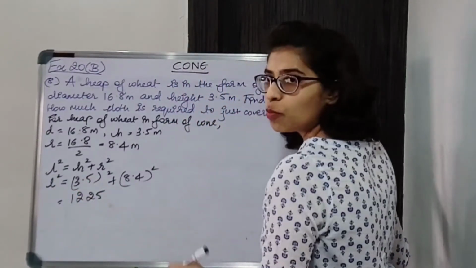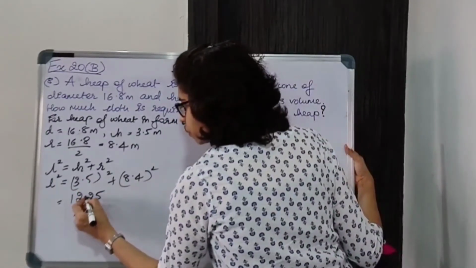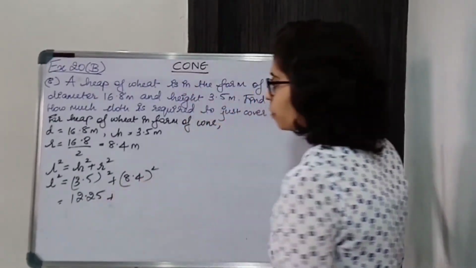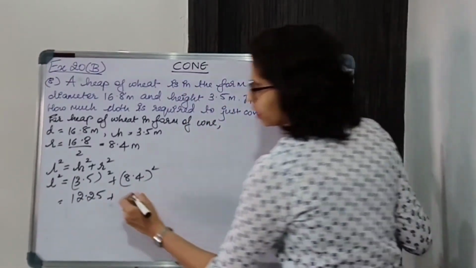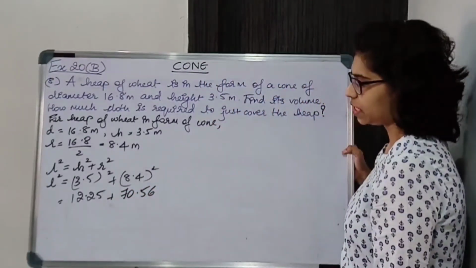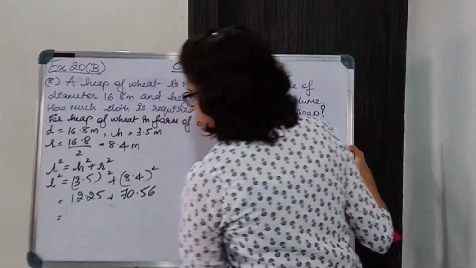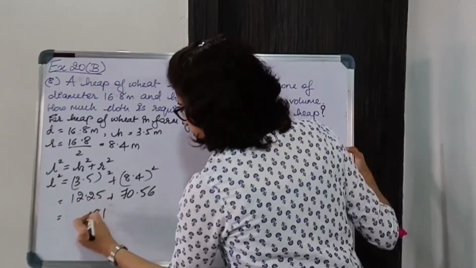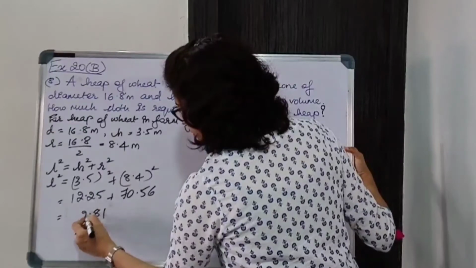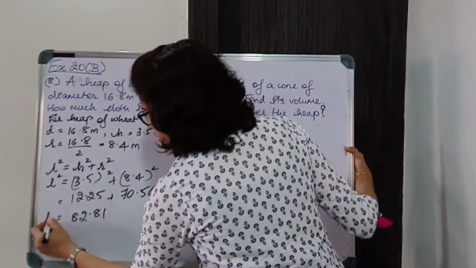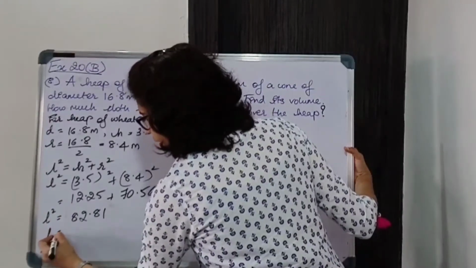Here we have decimal point after one number, so here it will come after two numbers. ठीक है, 84 square हो जाएगा 70.56. Now we'll add this. ठीक है, 82.81 L square. So L find करते हैं.